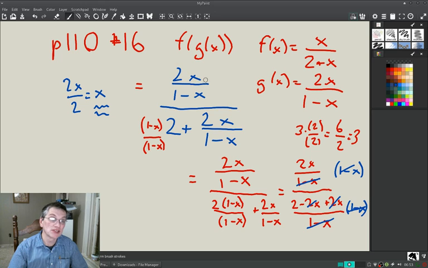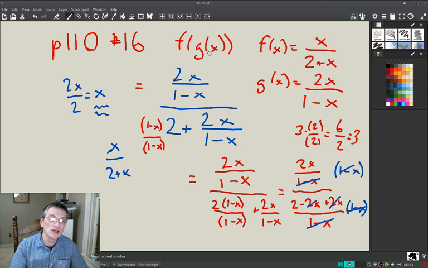The other thing I was going to say is try numbers in. If you did this wrong, maybe you thought this simplifies to, I don't know, x over 2 plus x. You can always try in numbers. Try in something simple, maybe not 1, because this gives you minus 1 down here.